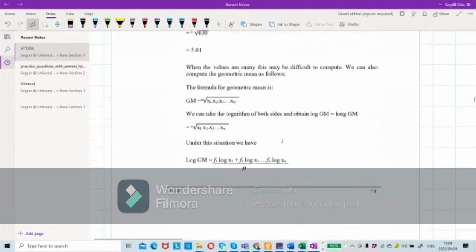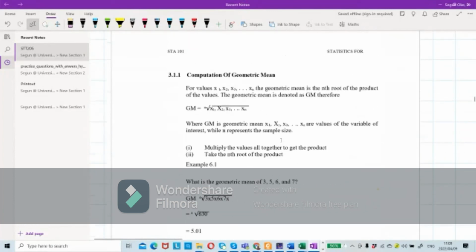There's no big deal in the geometric mean. The geometric mean is the nth root of the product. The formula is very simple. The formula for geometric mean, GM, equals the nth root of x1 times x2 and so on.